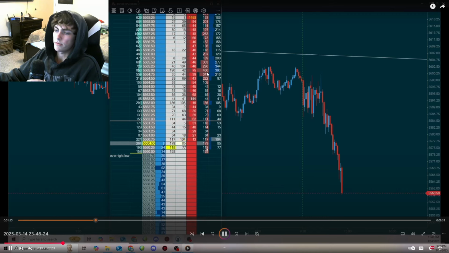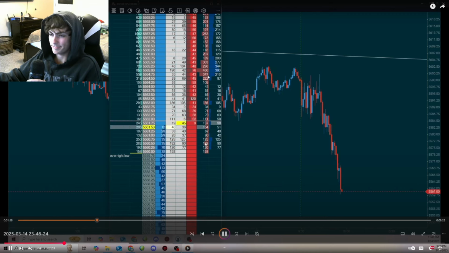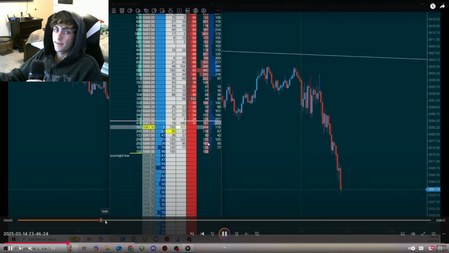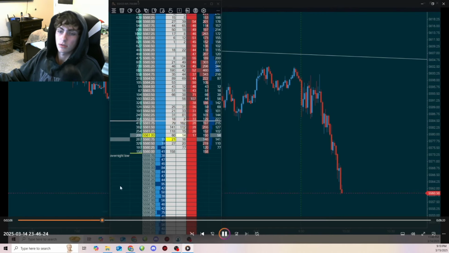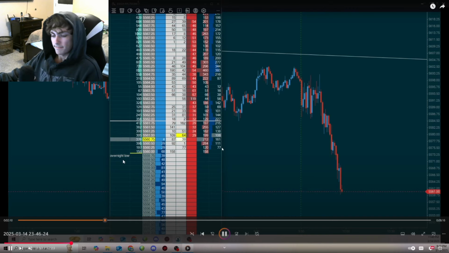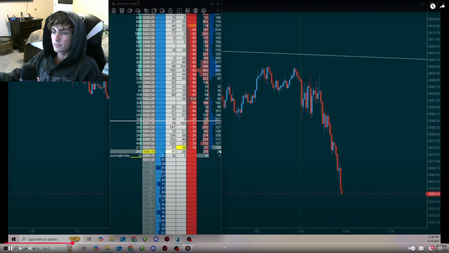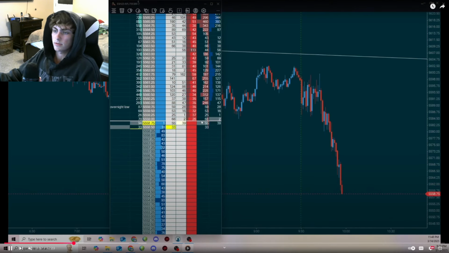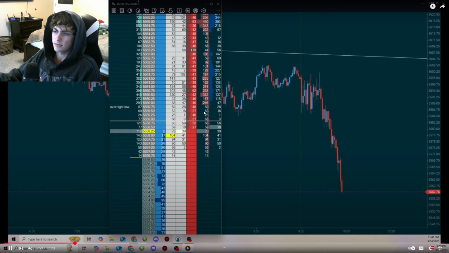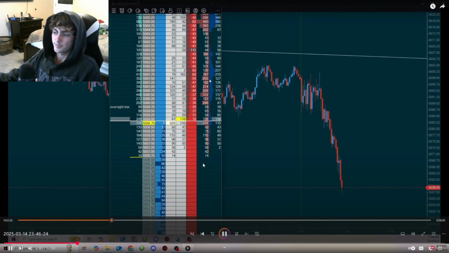So now we're gonna wait for the next volume to pop up to explain this. Okay, so we were starting to see a little bit of a high volume node form, but not yet.